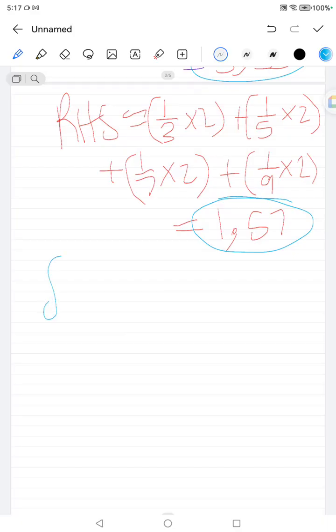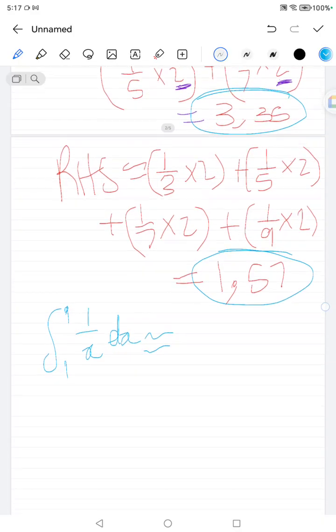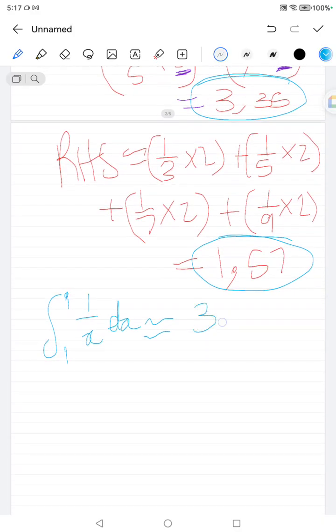This is going to give us an approximation of. Then you have your 3.35 plus your 1.57. Then you divide this by 2. Then you say these are approximately, what's the value?